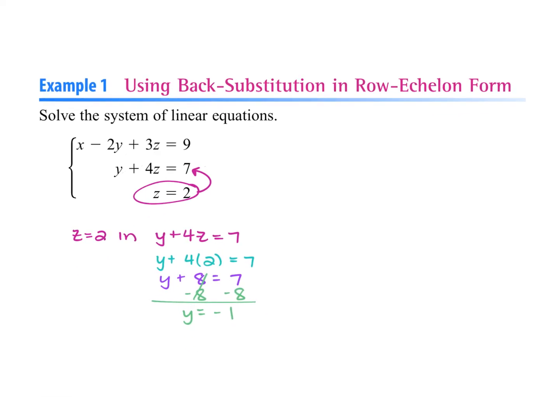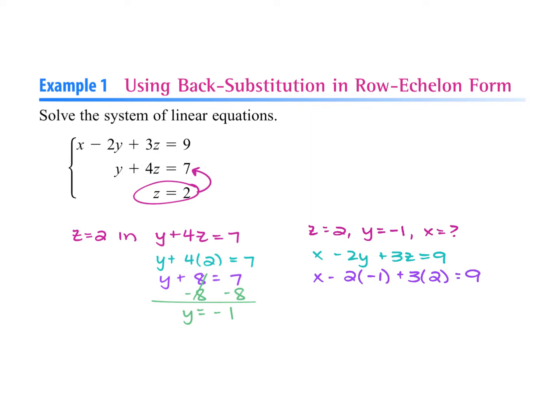So now you have that z is equal to 2, y is equal to negative 1. You have to find x. So we're going to use the top equation, x minus 2y plus 3z is equal to 9, and solve for x. This is going to give us x minus 2 times y, which is negative 1, plus 3 times z, which is 2, is equal to 9.